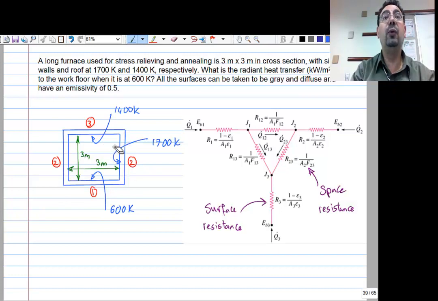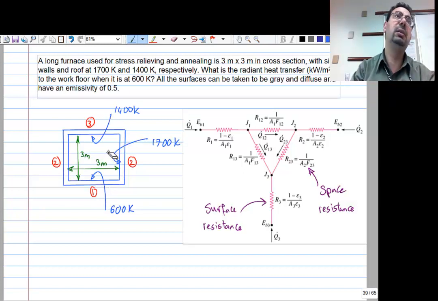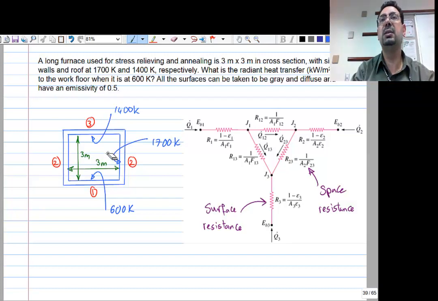Okay, the roof is at 1400, the wall is at 1700, and the floor is at 600. Maybe because they have electric heaters in them, that's why they get hot, or hot gases flowing nearby. Anyway, those are the temperatures of the surfaces. So what he wants is, what is the radiation heat transfer to the work floor when it's at 600 Kelvin?